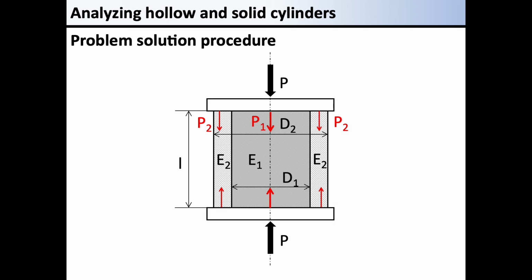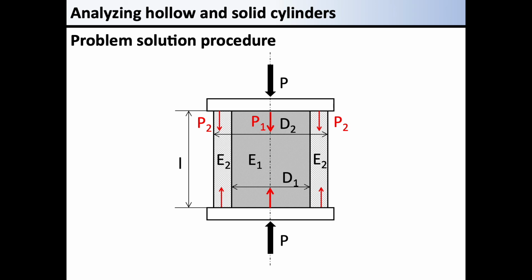This yields the load P1 on the inner cylinder and the load P2 on the outer hollow cylinder. Then you can calculate the stress, strain, and the shrinkage, which is the displacement of each part. This is the process for solving this problem.